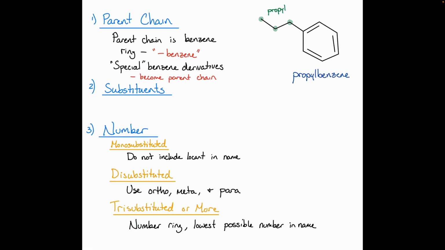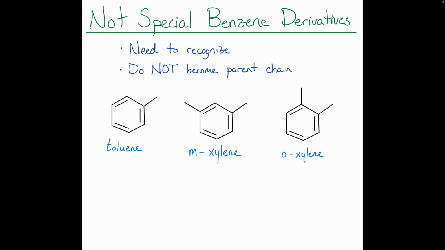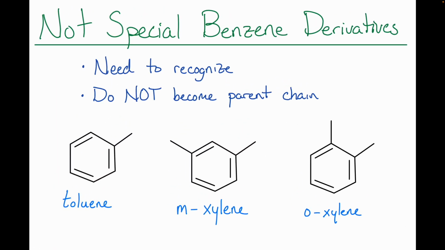All right, I will say that for these not so special benzene derivatives, there are some circumstances where they are the parent chain and some where they're not, and I don't really feel like picking that battle, all right? So we're just going to lump them all into this category of not so special, where if you recognize them by themselves, they have these special names we got to know, and if they're paired with anything else, then you just treat them as methyl groups, okay? But don't hate me, I don't make the rules.